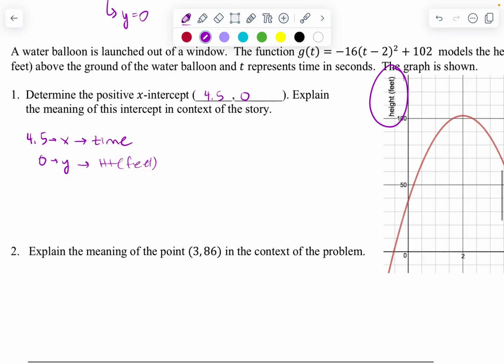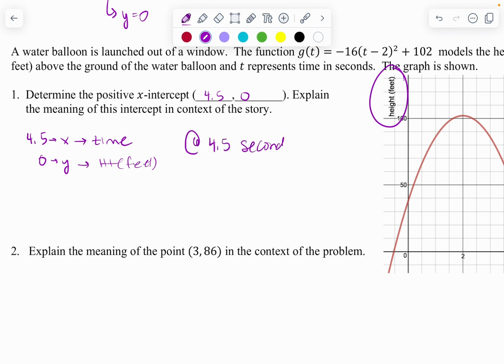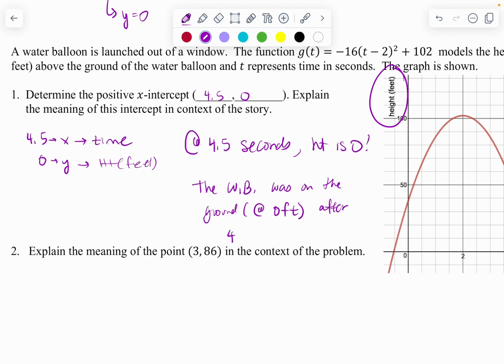So this is telling me that at 4.5 seconds, the height is 0. Okay, well, 0 really means the ground. So really what this is saying is that the water balloon was on the ground, or at 0 feet, whatever you want to say there, after 4.5 seconds.